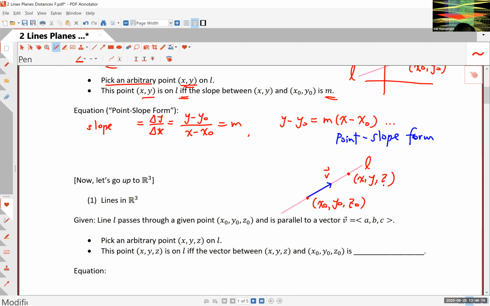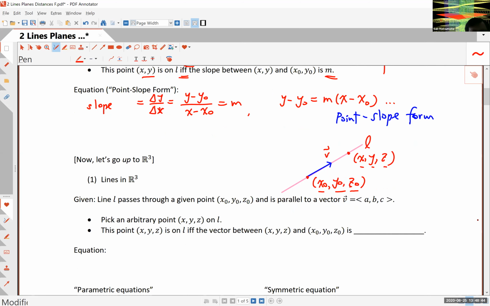What makes that point so special that it is eligible for membership in this exclusive club called line L? The answer, well, what do you think? The vector from X naught, Y naught, Z naught to XYZ doesn't have to be V itself, but it has to be parallel to V, right? That's exactly what we would like to describe in terms of mathematics.